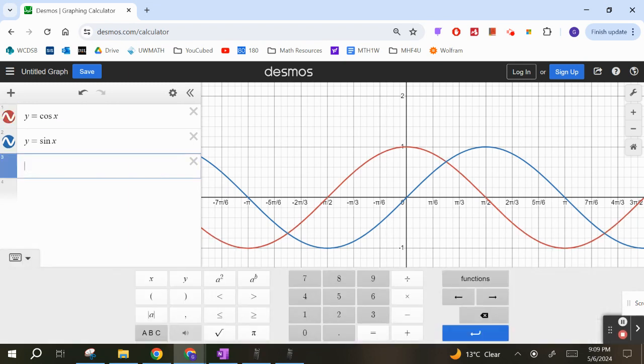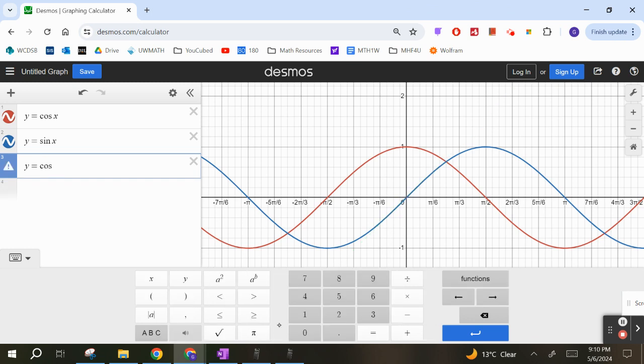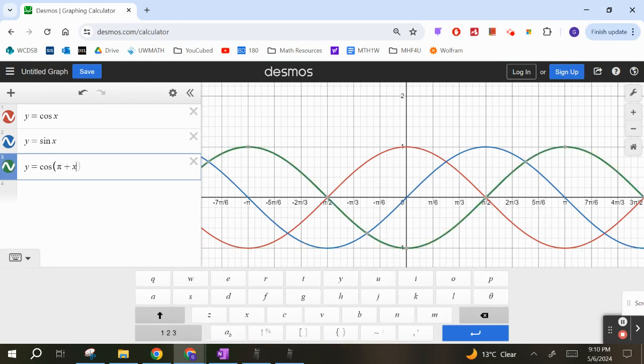Let's do y equals cos of, what do we want to do? I said pi, so we're going to go pi plus x.